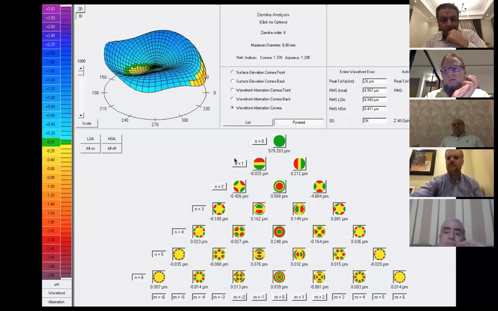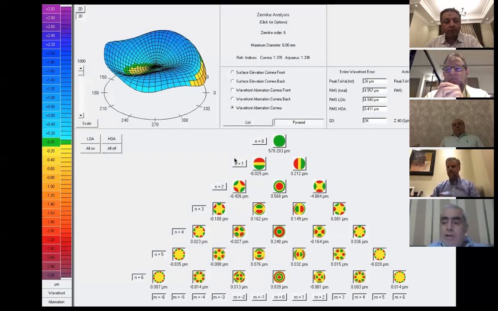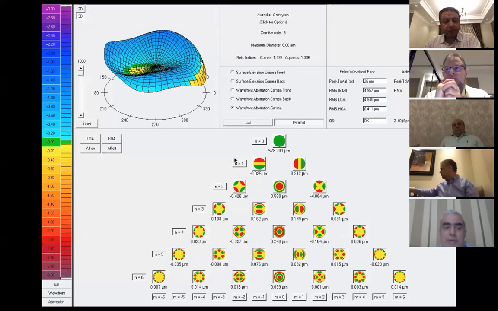The corneal wavefront map is a fixed map, but the ocular higher order aberration map is pupil dependent. Yeah, exactly.